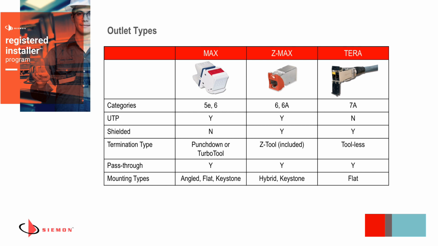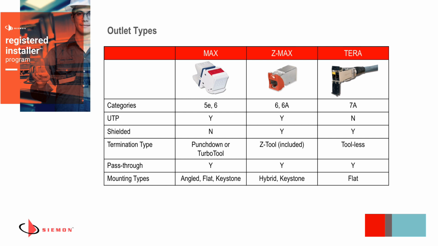For various applications. So when you look at these, which ones you'll be using really depends on the categories of cabling systems you're going to be deploying. When you talk about lower speed, everyday systems, Category 5E and 6 UTP systems, you're talking about using the MAX. Very compact.